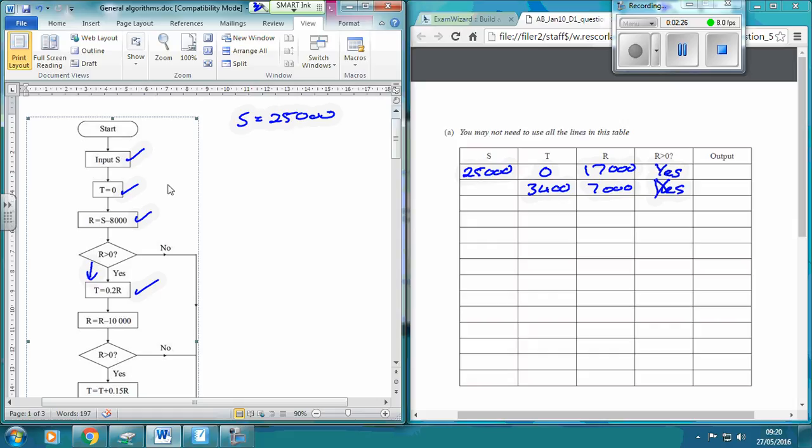Okay, so T equals T plus 0.15R. So it's going to be 3,400 plus 0.15 times the new value of R, which is 7,000. And we get T is 4,450.